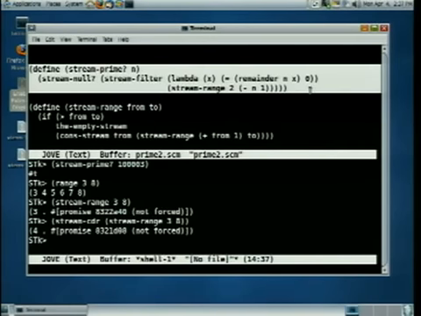Now, as someone over there said, we can make it theta of square root of n, which is a lot better, because if a number doesn't have a factor less than its square root, then it doesn't have a factor bigger than its square root either. Okay?